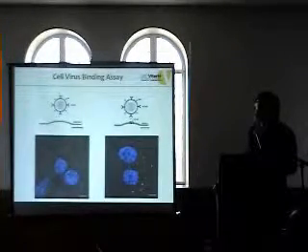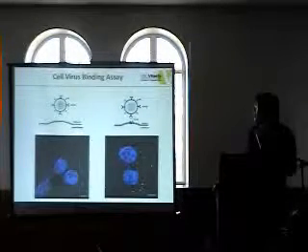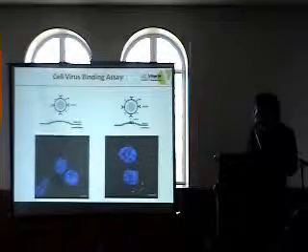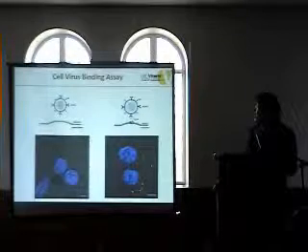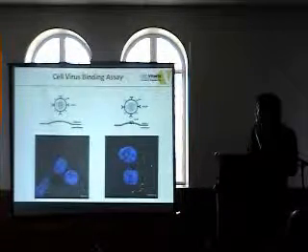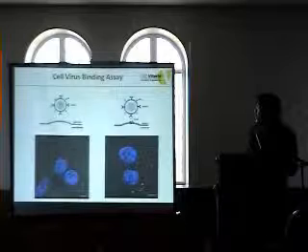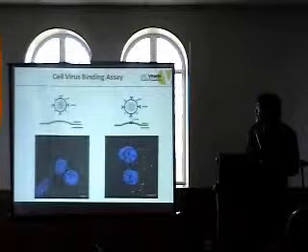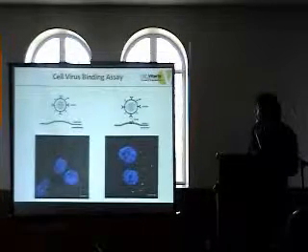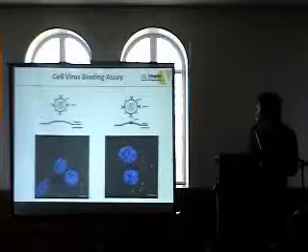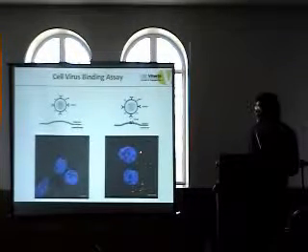Then we performed a cell-virus binding assay to show that the first step indeed occurred via the antibody-antigen interaction. So what we have done is we have generated a targeting lentivirus, and then we incubate it with either the 293 cells or the 293 CD20 cells at 4 degrees for up to an hour, followed by p24 staining.